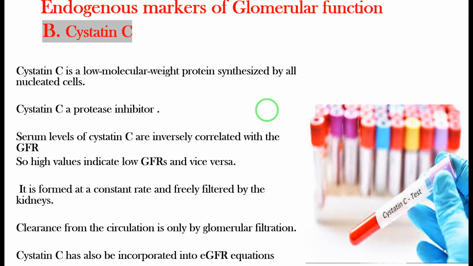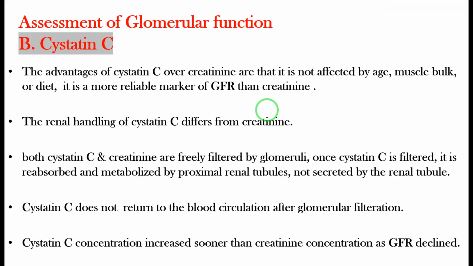Creatinine is derived from the muscle, so the muscle mass will affect the level of creatinine, while cystatin C is not affected by muscle mass. In addition, cystatin C is not affected by a diet that is rich in meat. Meat will increase the level of creatinine, but it will not affect the level of cystatin C. So it is more reliable than creatinine.